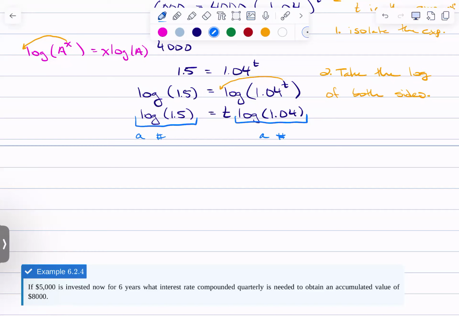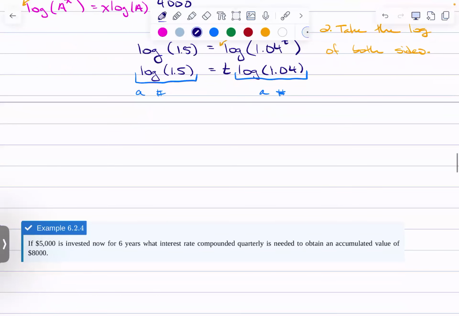Most calculators don't have that, but this is an engineering one. I get log base 10 of 1.5 is 0.17609125591.